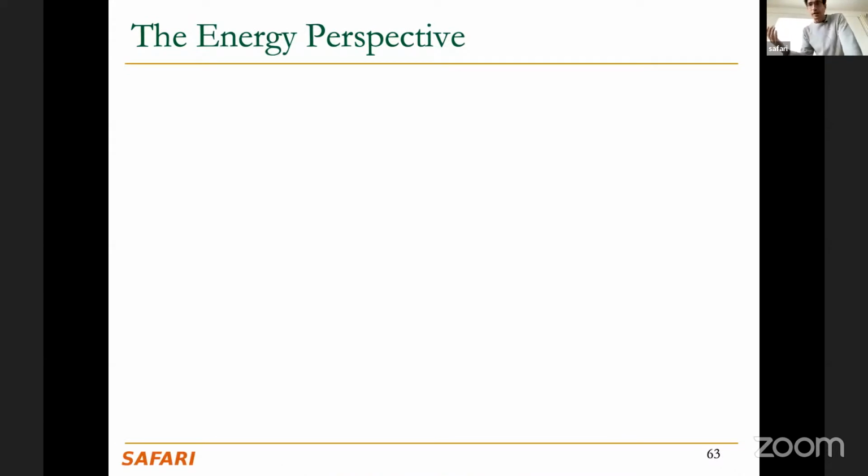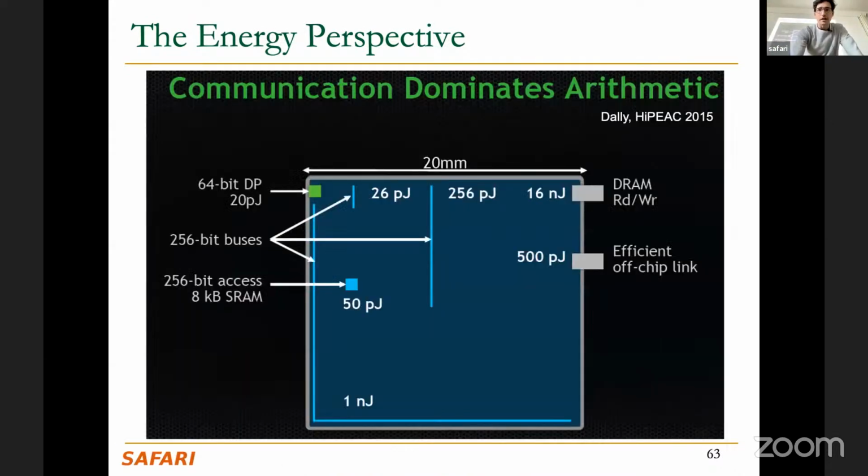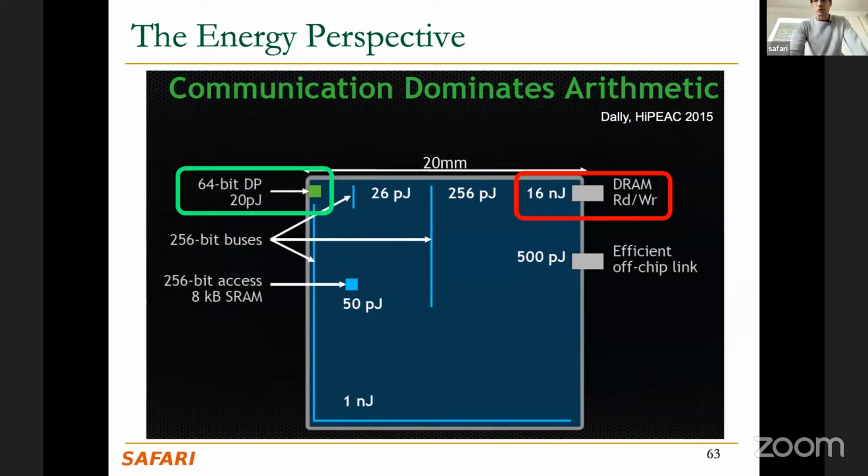And if we look at the energy perspective, things are also not very optimistic here. Why is that? Because, for example, in this slide from Bill Dally used at HiPEAC 2015, one thing he showed, and this has not improved in recent years, is that performing a 64-bit double precision addition is much cheaper than accessing the necessary data from the memory.